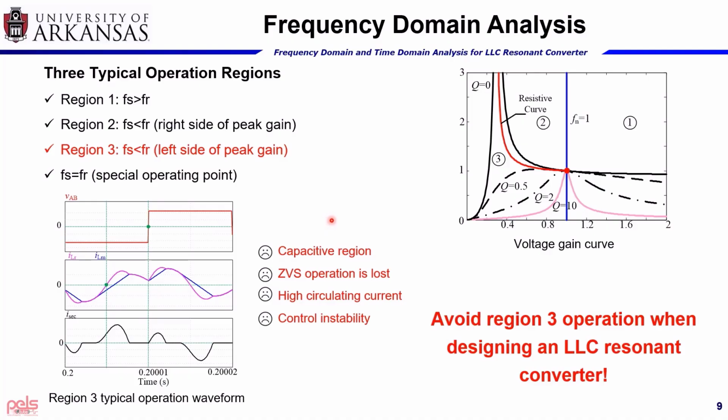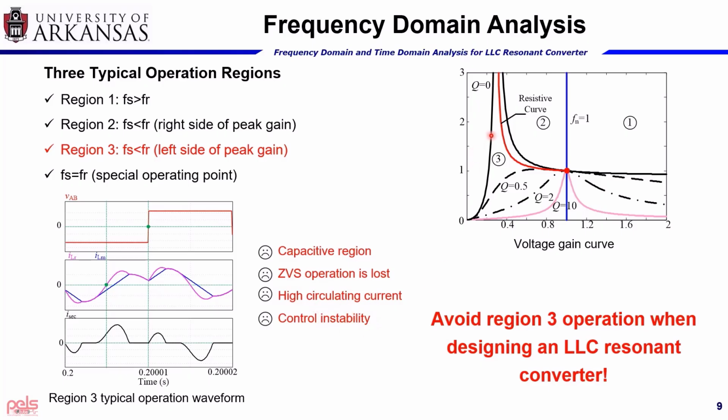Region 3 is actually not feasible in real applications, as shown in the bottom figure, which is a typical operation waveform for the converter operating in region 3. The converter is operating in the capacitive region, so soft switching for the primary MOSFET is lost, which is very lossy, and it also generates high circulating current and has control stability issues.